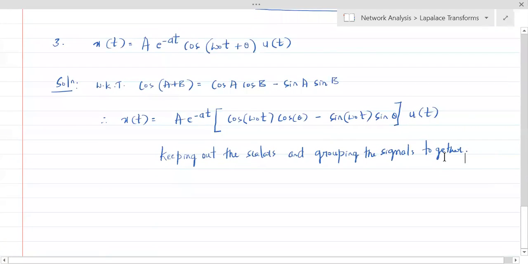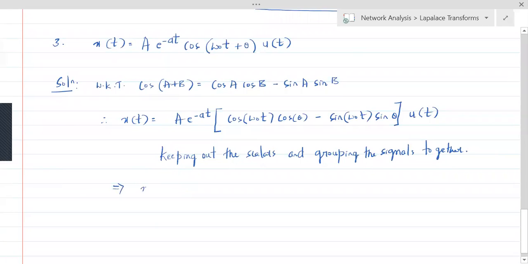Everybody just go on. Therefore, x of t is A, a scalar, and cos theta, a scalar.